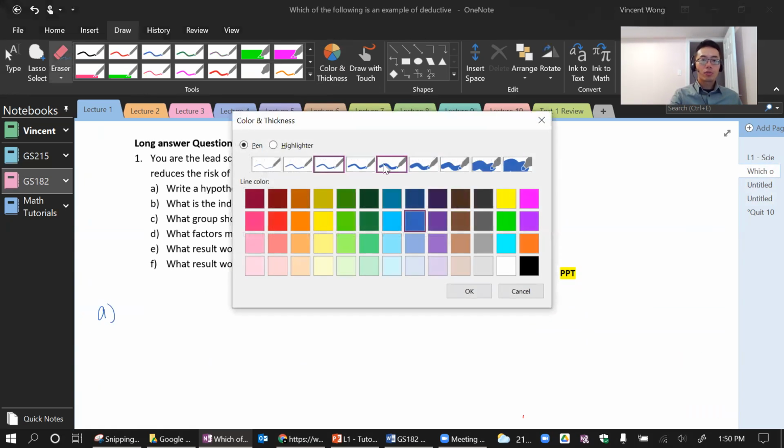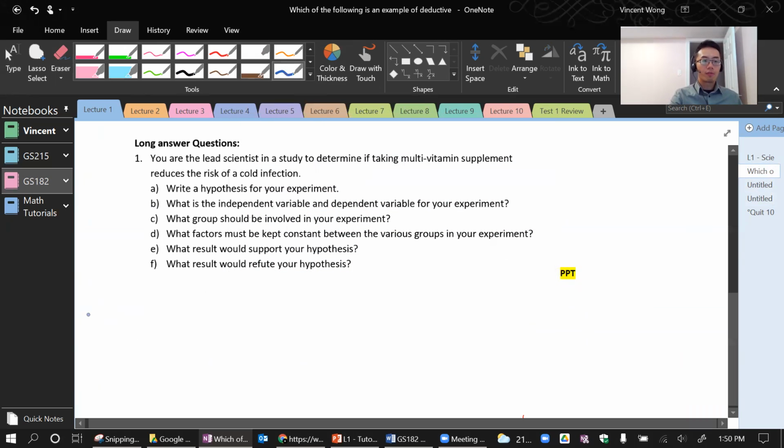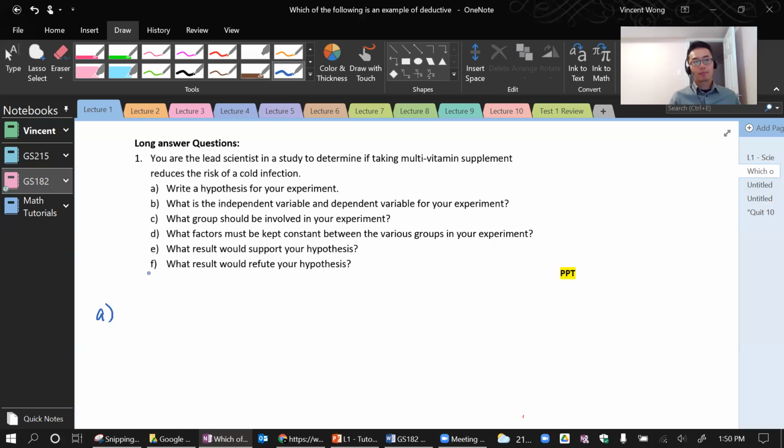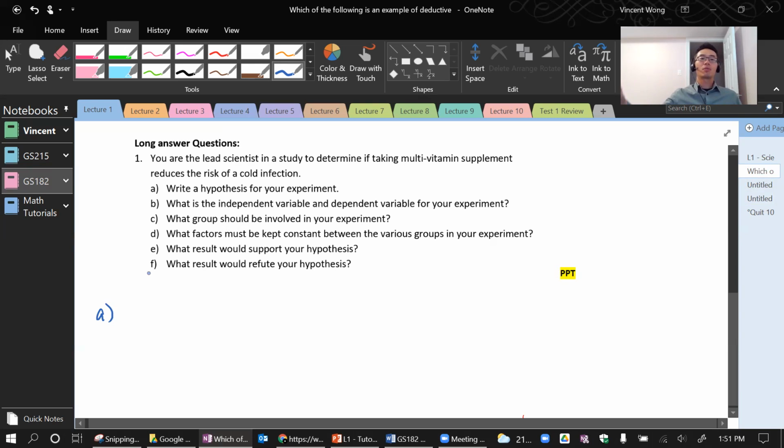There are only two logical hypotheses we can write. You either think multivitamin supplements will reduce the risk of cold infection, or it doesn't. If you try to be creative, you can also say multivitamin supplements will increase the risk of getting a cold infection, but that's probably unlikely.